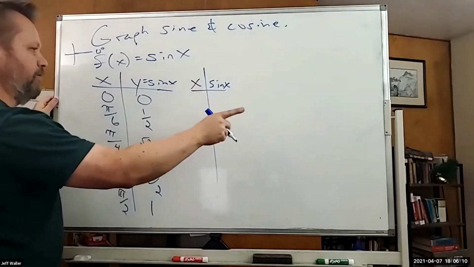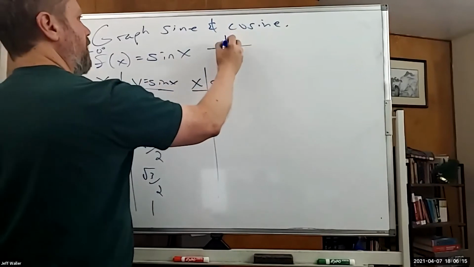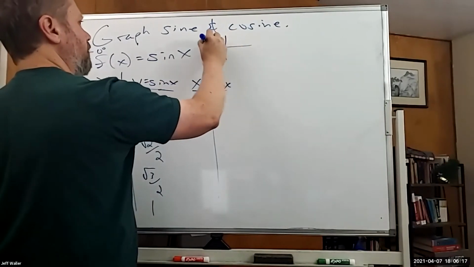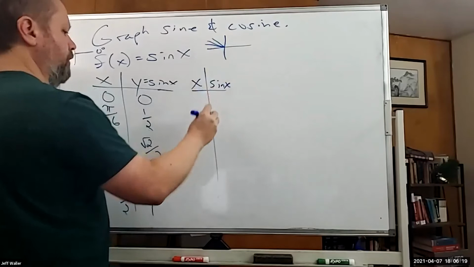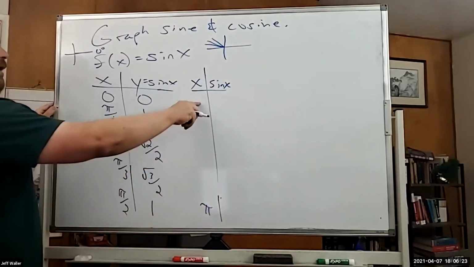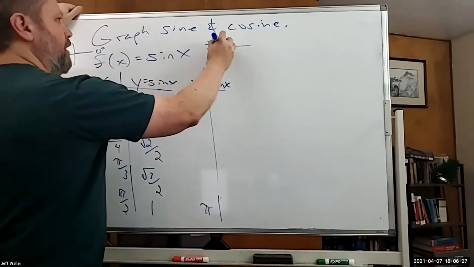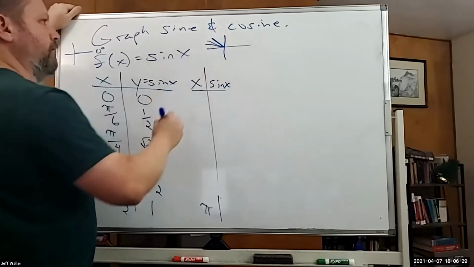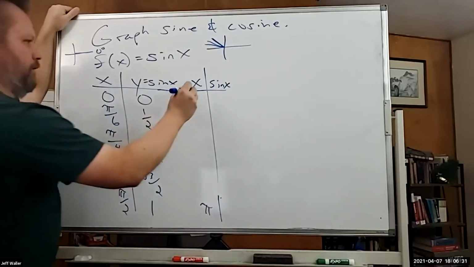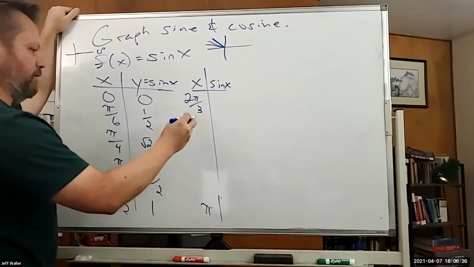So now it gets a little bit freakier on the other side. Let's see, what are my options back here? So what are the 3 big ones here? I know I'm going to end up at pi. So the next one after pi/2, what is this guy right here? 2 pi over 3. Good, 2 pi/3. And so this is kind of neat. Now watch this.